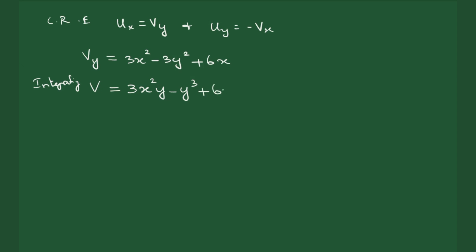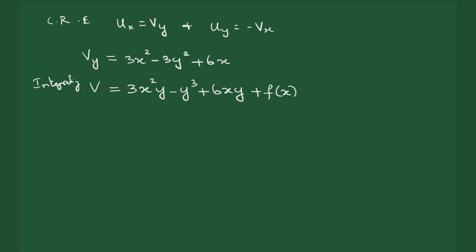Similarly, we get plus 6xy, and then we add a constant. Instead of adding a constant c, let us introduce f of x, since we are integrating partially with respect to y. If you partially differentiate with respect to y, automatically f of x becomes 0.